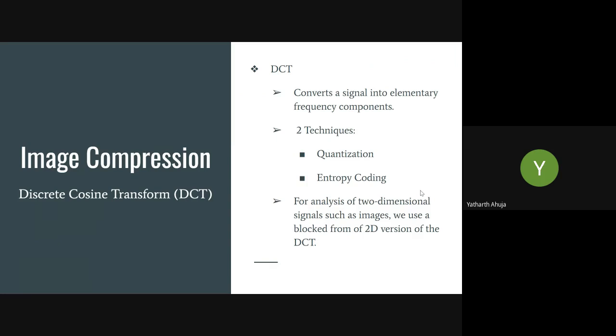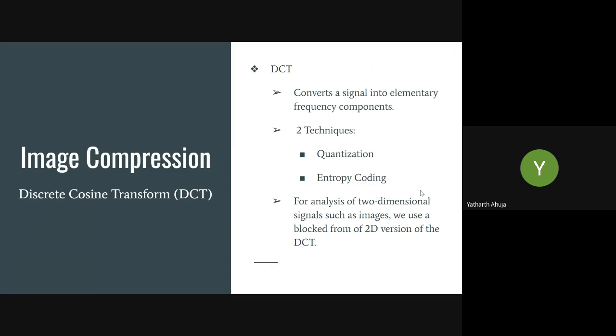The third method considered here is that of discrete cosine transform, which is a technique for converting a signal into its elementary frequency components. It is widely used in image compression due to its fast nature and excellent compaction for highly correlated data. DCT-based compression relies on two techniques to reduce the data required to represent the image.